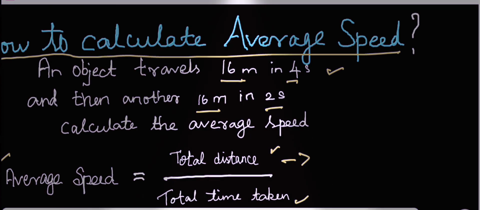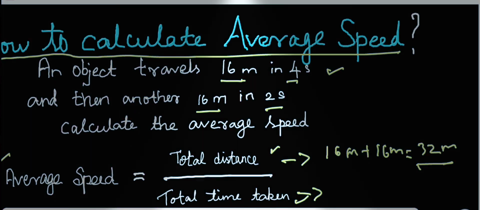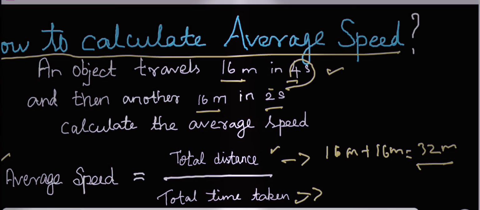Just notice the different times given here: 16 meters in 4 seconds and 16 meters in 2 seconds. 16 meters plus 16 meters is 32 meters, and that should be divided by total time taken, that is 4 seconds and 2 seconds.